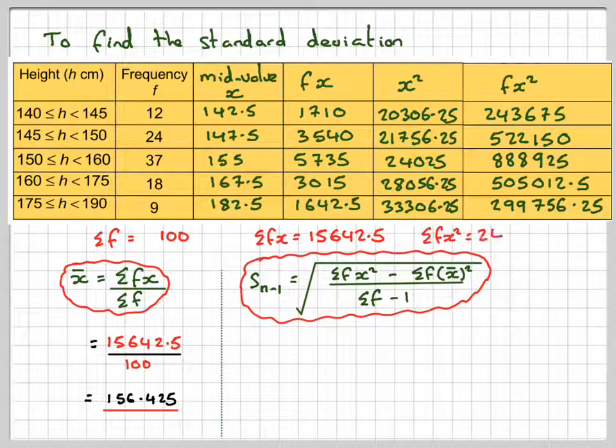So adding them up, you're going to get the sum of fx squared is going to be 2,459,518.75. So put that information into here.